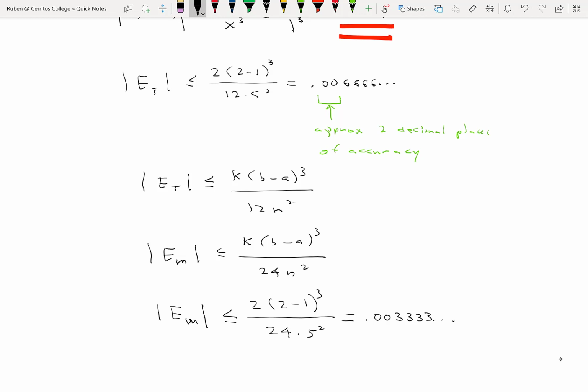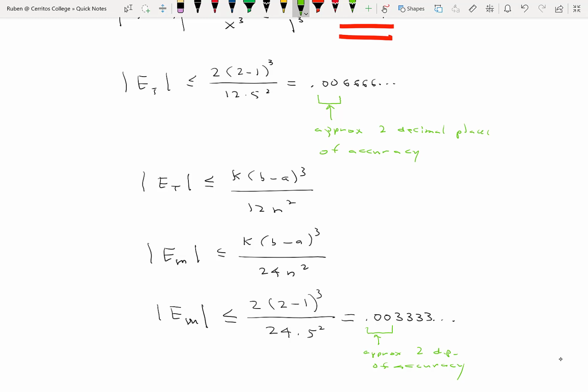In the trapezoid rule I had maximum error no bigger than 0.00666, etc. Now I have maximum error less than 0.003, etc. But I still only have 2 zeros, the first 2 decimal places, so I'm still only getting approximately 2 decimal places of accuracy, even though my rule is generally twice as accurate as the trapezoid rule.